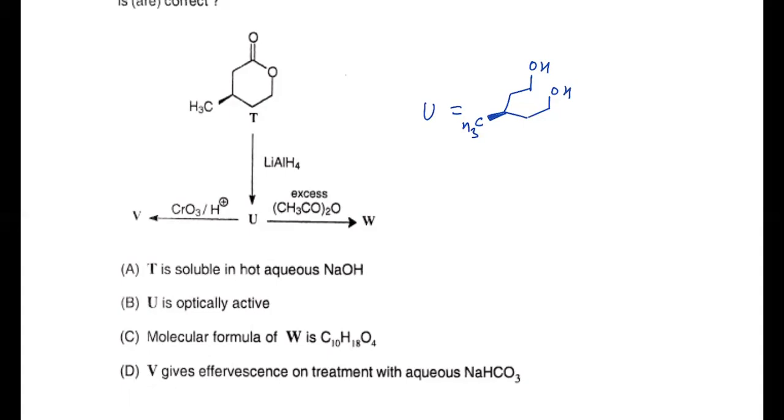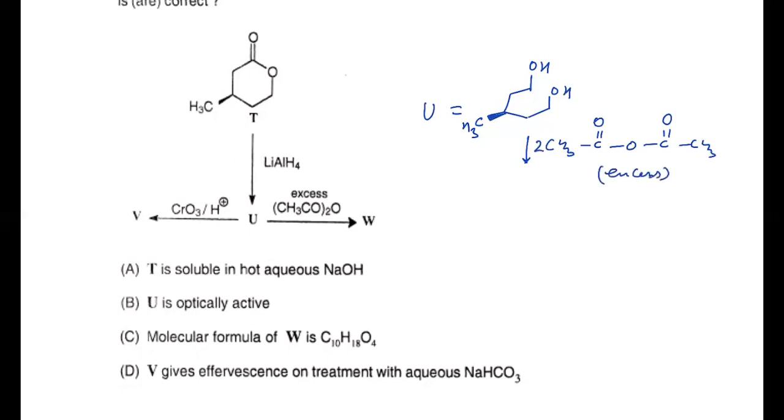This will be the structure of U. And after this U, we have treated it with CrO3/H+, and the other way around we have treated it with excess acetic anhydride. So acetic anhydride reacts with alcohol, so it will convert to the OCO-CH3 group. This is CH3, C double bond O. 2 moles will be consumed over here, although in the question it's given excess, so there is no problem.